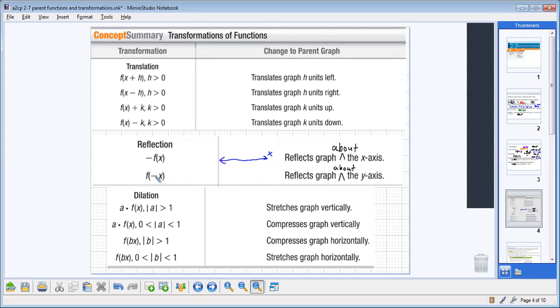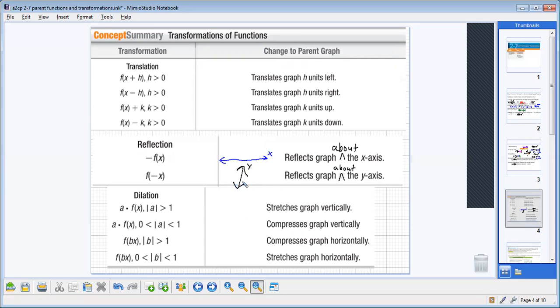If I'm affecting just the x values, just what's grouped with the x, that is going to be a flip about the y-axis. Now, here's the thing about that. For V-shaped and U-shaped graphs, absolute value functions and quadratic functions, a flip about the y-axis looks the same because it's symmetrical. So if I flipped it about the y-axis, it's going to look the same.